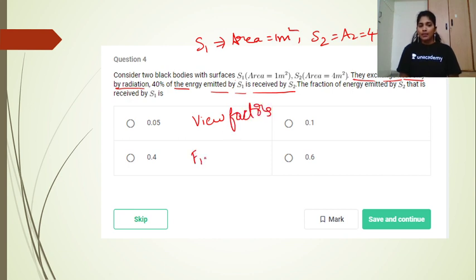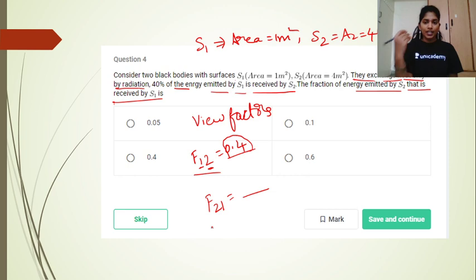So F12 is equal to 0.4 means the fraction of energy emitted by surface 1 and received by surface 2 is 0.4. And they are asking about the fraction of energy emitted by S2 that is received by S1. So they are asking what is F21.